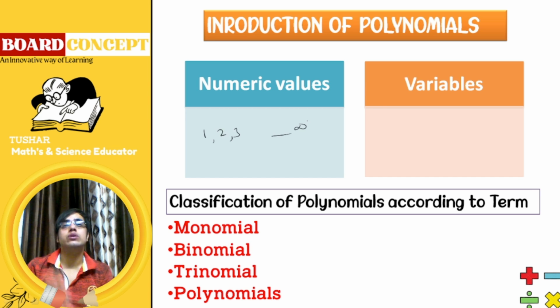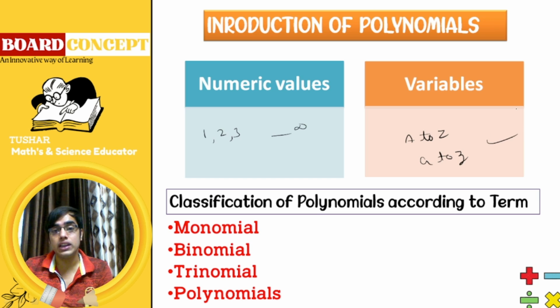All counting numbers in mathematics are numeric values. And what are variables? All the alphabets from A to Z are variables.